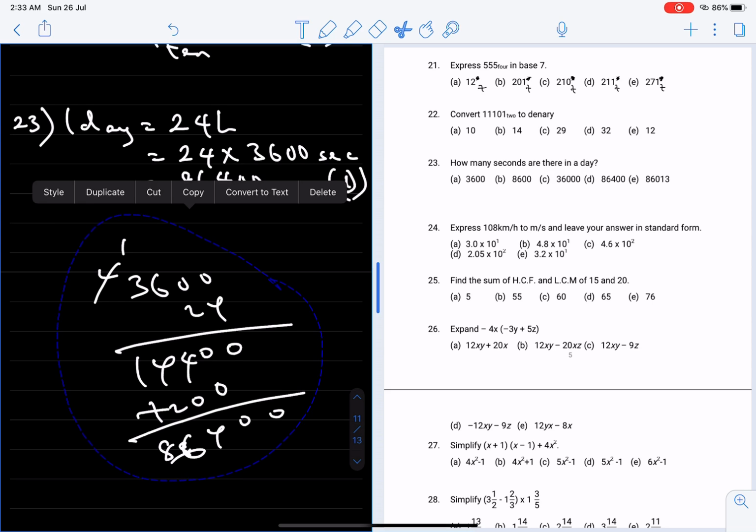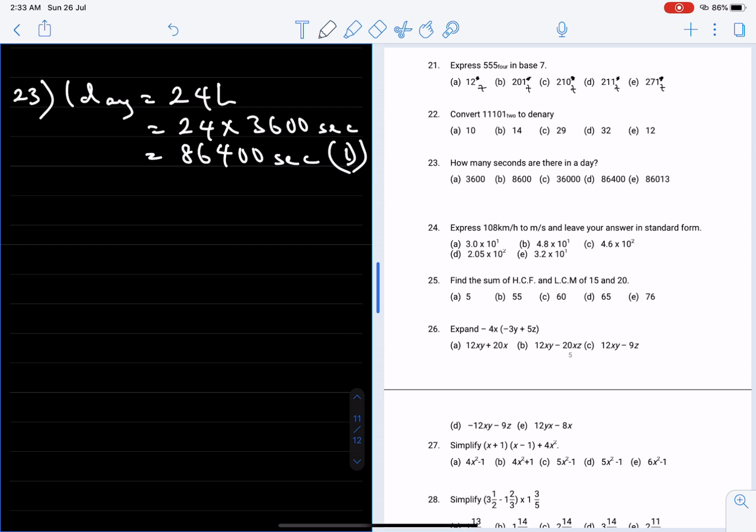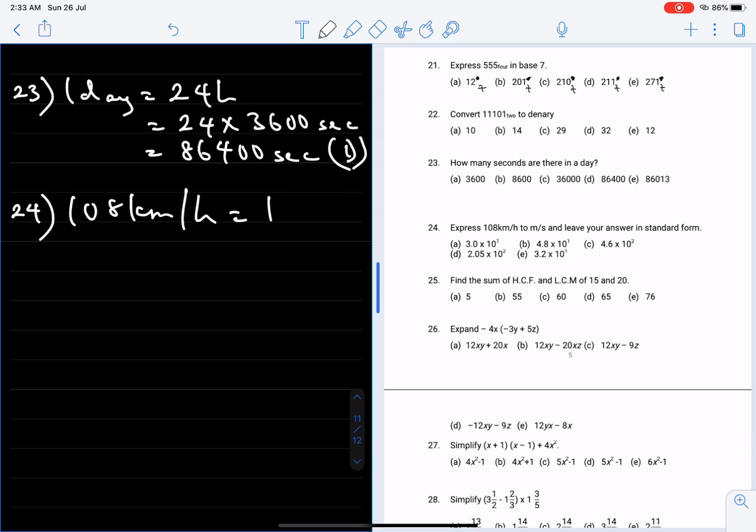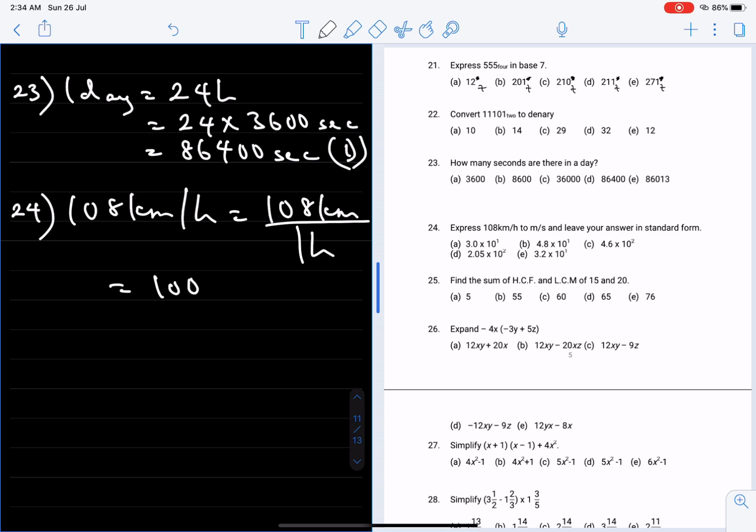And then we write on number 24 quickly. Number 24. Express 108 kilometers per hour in meters per second and leave your answer in standard form. All right, that's simple. 108 kilometers per hour is actually the same as 108 kilometers over 1 hour. To change that to meters, we multiply it by 1000 over 1 times.